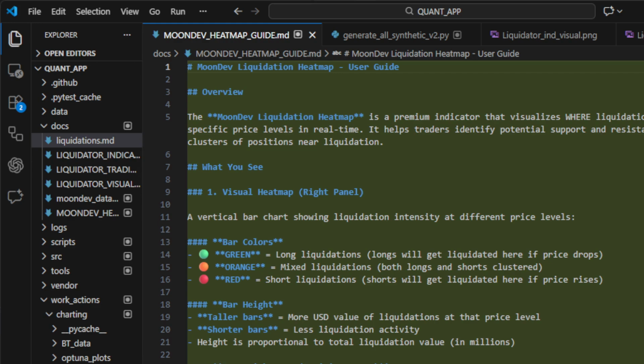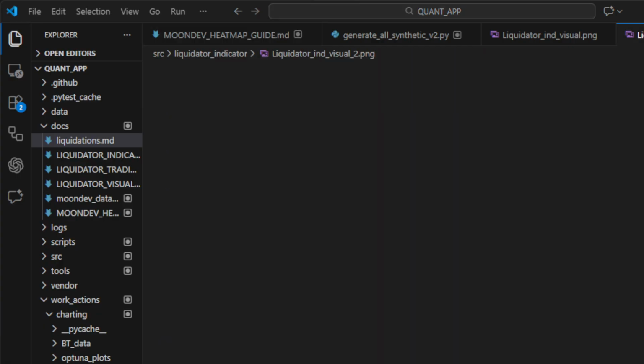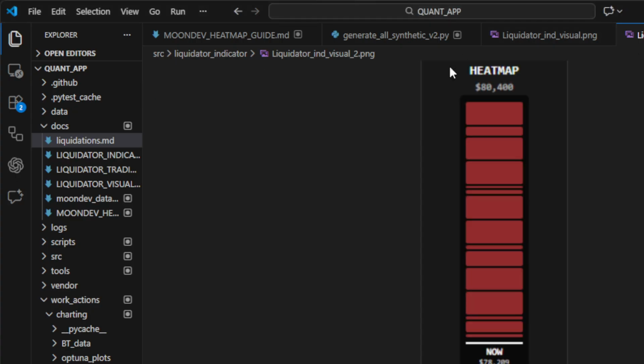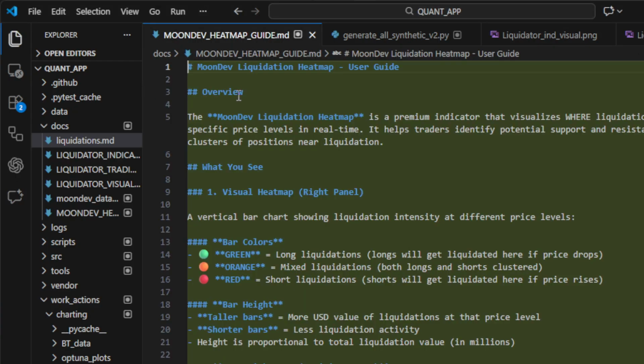So actually, the MoonDev liquidation heat map is the big one you saw here. If it comes to screen, yep, there's one. So this is based on the MoonDev liquidation heat map data.